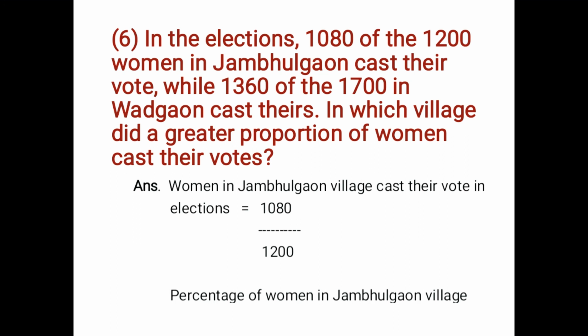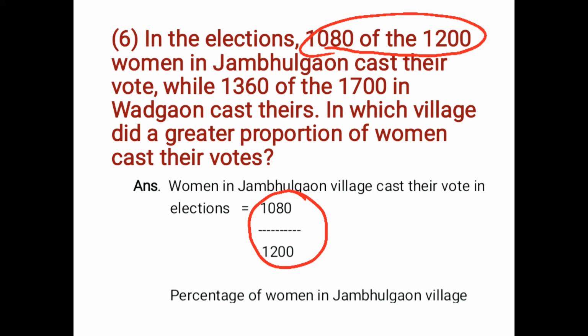First, what is given in the question, you have to write as it is as a statement. Women in Jambulgaon village cast their vote in elections. 1080 out of 1200 means 1080 upon 1200. Got it? 1080 of 1200 means 1080 out of 1200 or 1080 upon 1200.